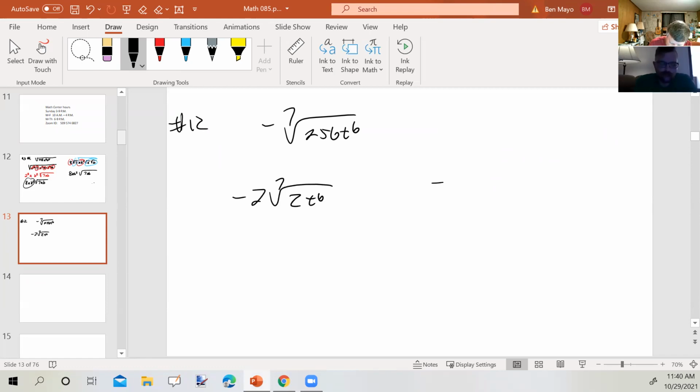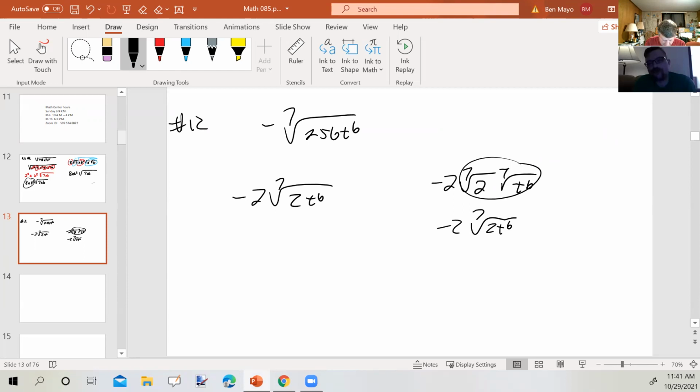What the student had was -2 times the 7th root of 2 times the 7th root of t to the 6th. Again, all the pieces are there. They just needed to put things together, okay? So to the student who asked these, you were on the right track, you just needed to go a little further.